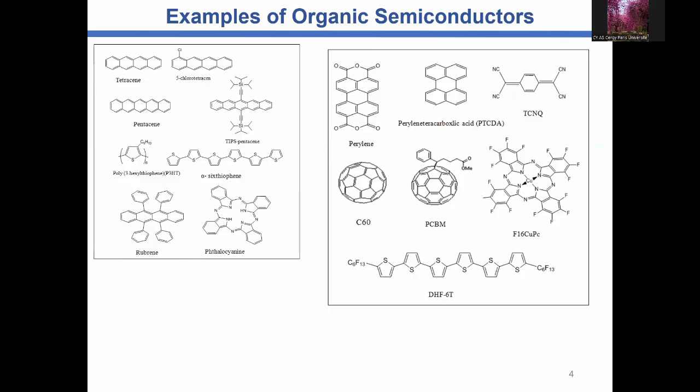Chlorotetracene, pentacene, TIPS-pentacene, P3HT, alpha-6-thiophene. P3HT is poly(3-hexylthiophene), so this is a polymer, and this is a small molecule. This is also a small molecule. This is a porphyrin, phthalocyanine, and rubrene.